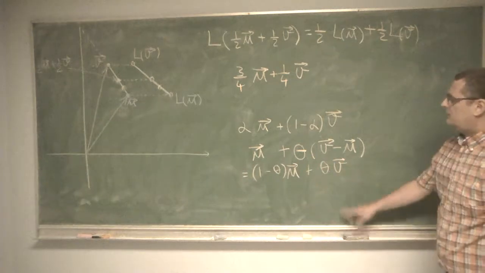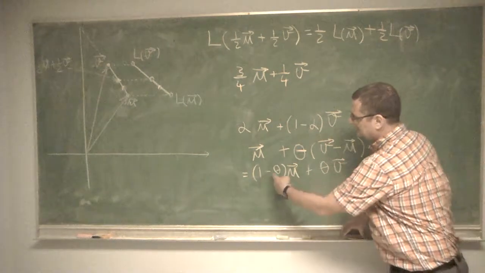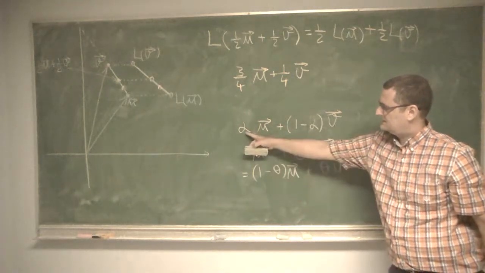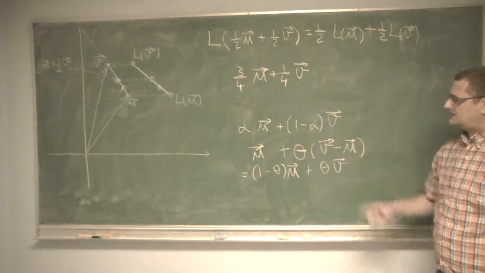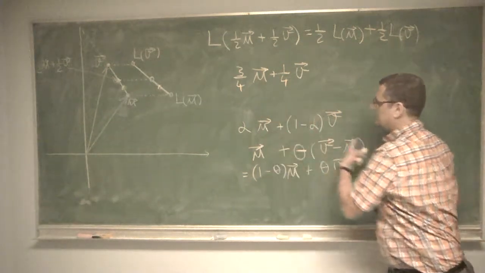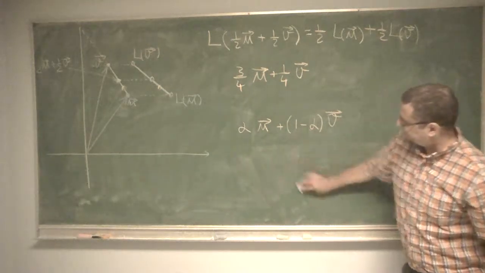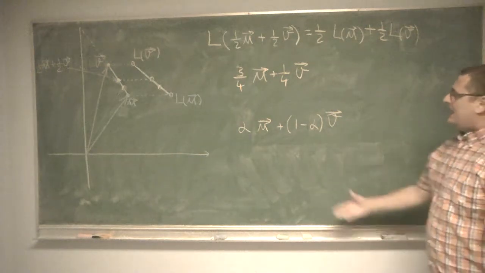Okay. Now theta is an arbitrary real number, and I can redenote 1 minus theta as alpha. If 1 minus theta is alpha, then theta itself is 1 minus alpha. So that's where this comes from. Okay. So that's a brief explanation of parameterization of a line.